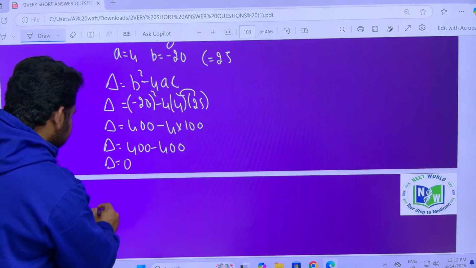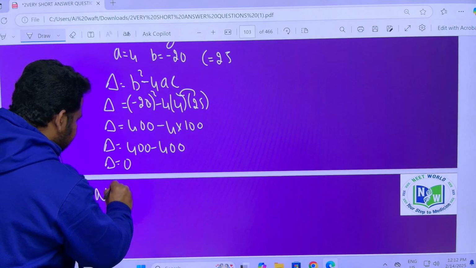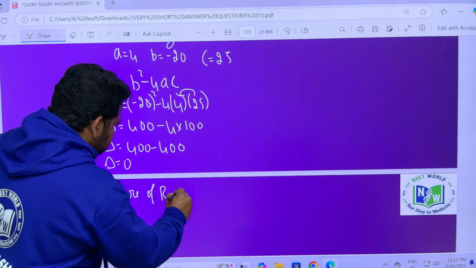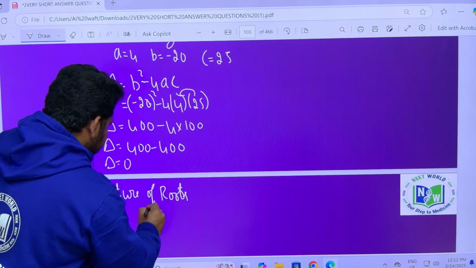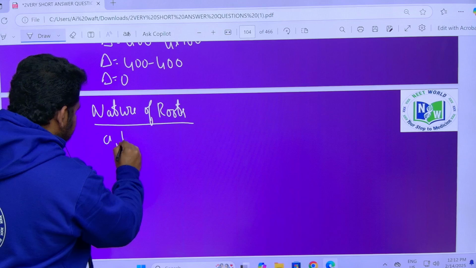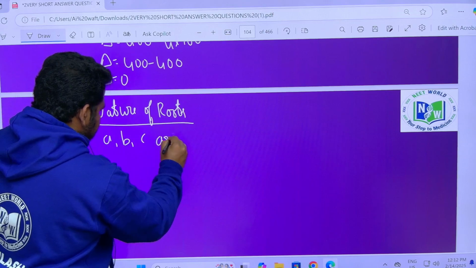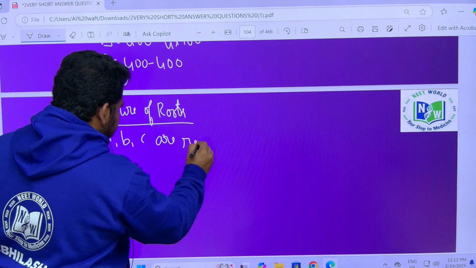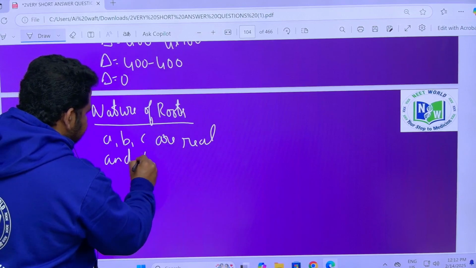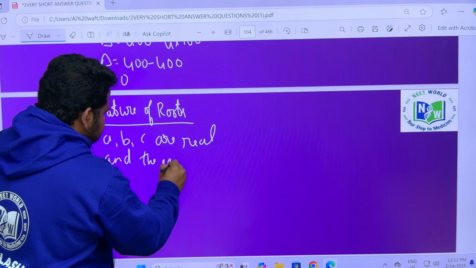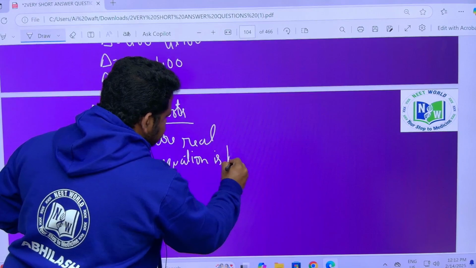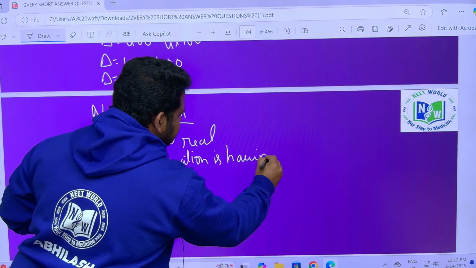That means nature of the roots. What can you comment about the nature of the roots? So you should say that a, b, c are real, and the equation is having what kind of roots?